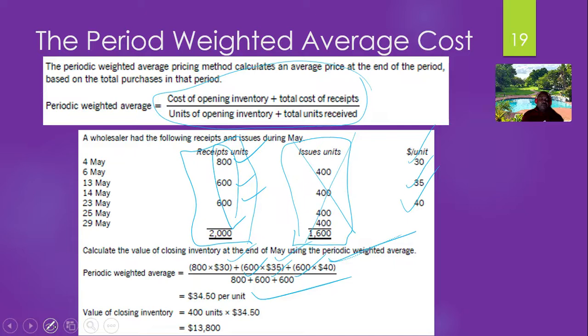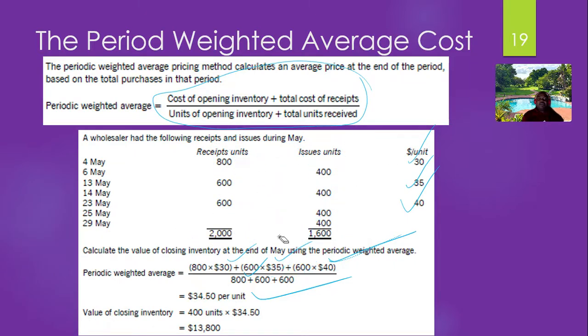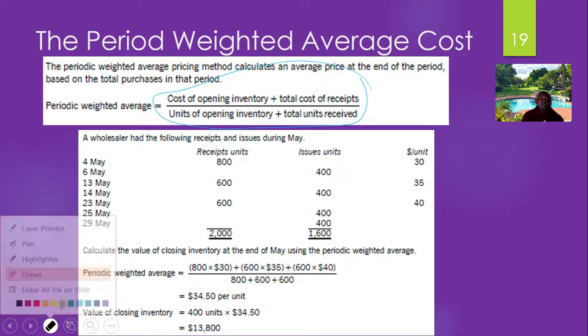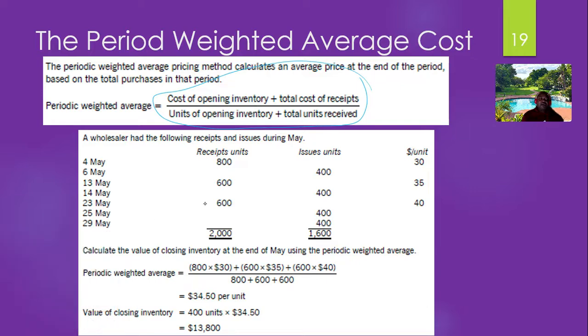For example, in this case, let me just try to clean up the area, to determine how they obtained the 400 units there. You can see here that there was 800 and then we issued 400, so automatically we were left with 400, and then we added 600 here.